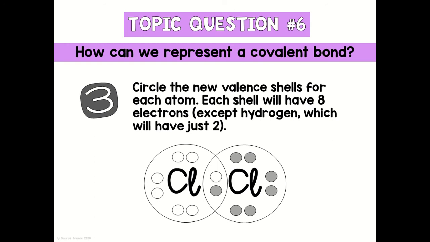Each shell will now have 8 electrons, except if you're dealing with hydrogen or helium, but it'll just have 2. So circle the new valence shells for each atom, remembering if you're dealing with hydrogen, it's only going to have 2.